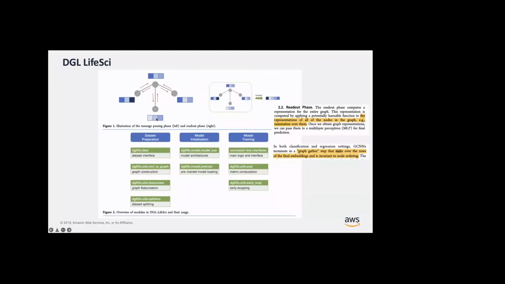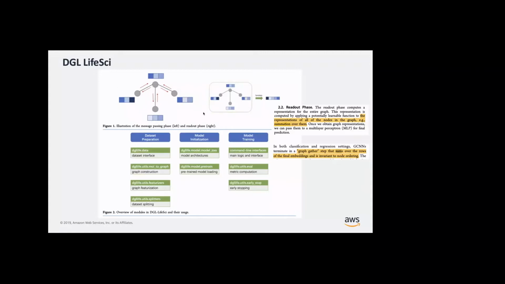So that's basically a graph representation of the molecule. Then through the graph neural network computation, the latent representation of these nodes is updated through a message passing process.